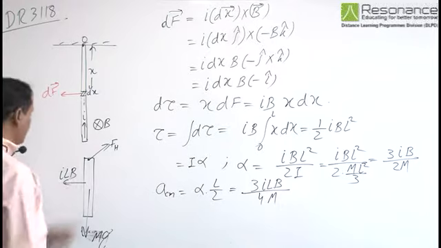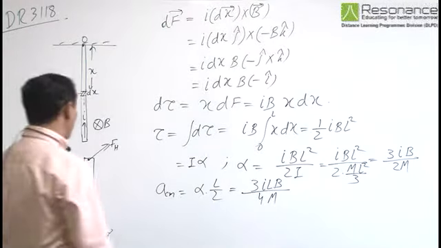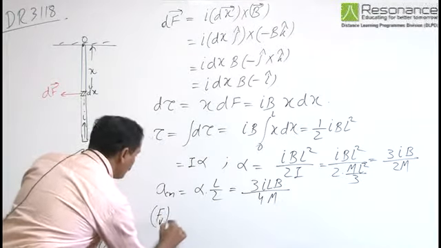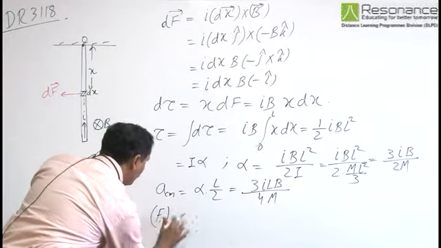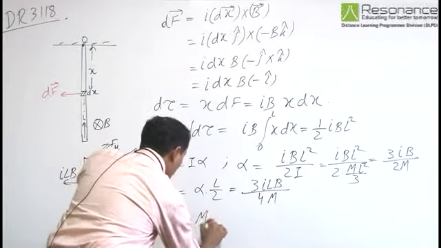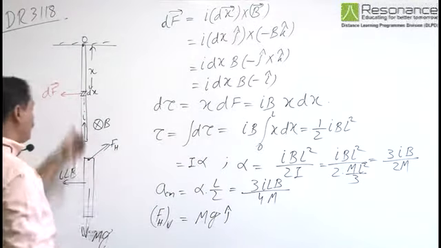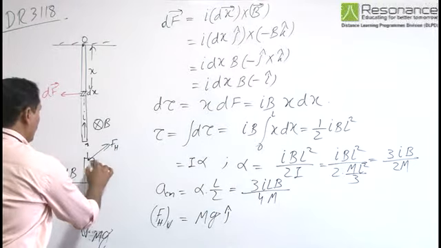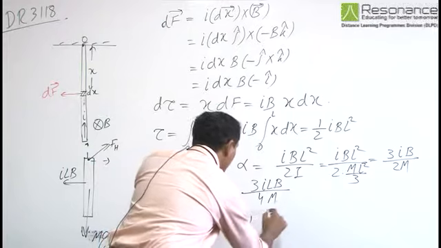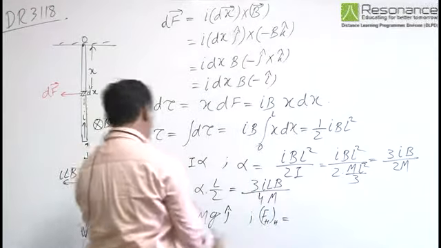As we can see, the rod is not accelerating in the vertical plane, so the vertical component of the hinge force is mg j cap, in the upward direction.